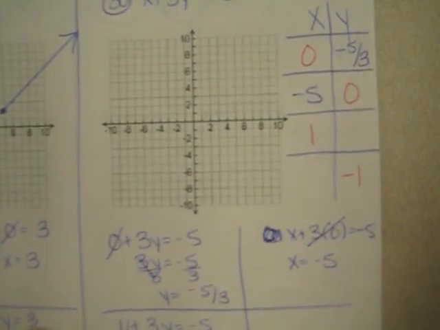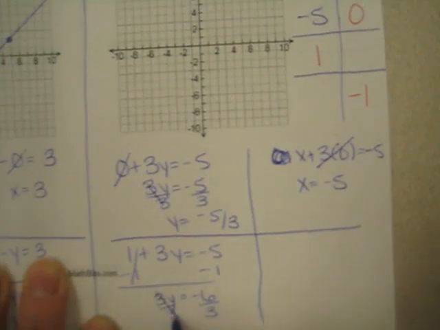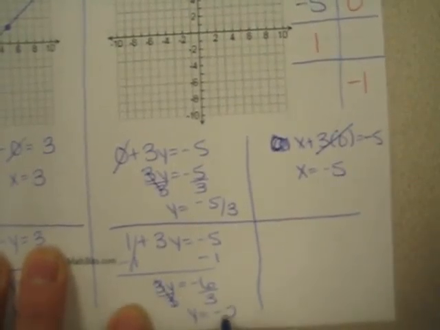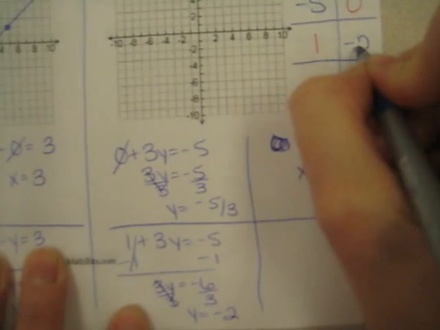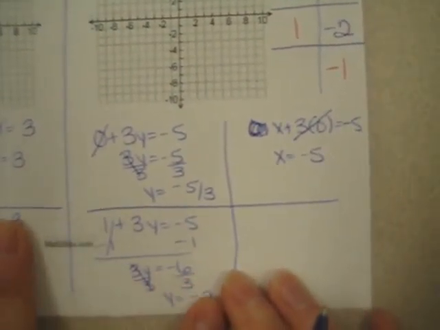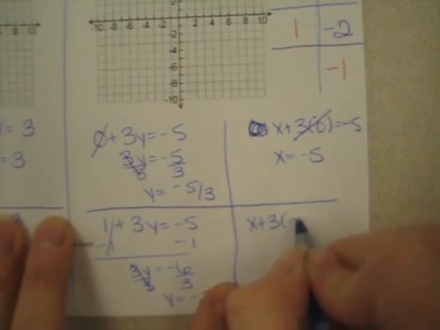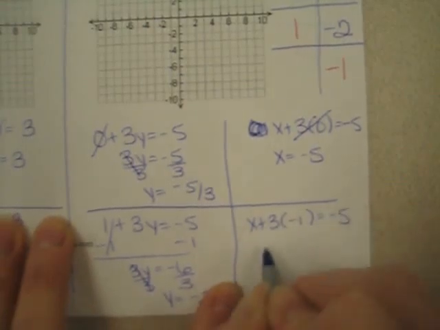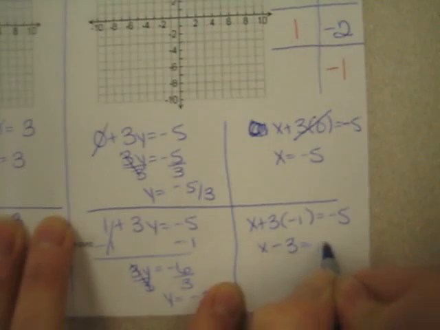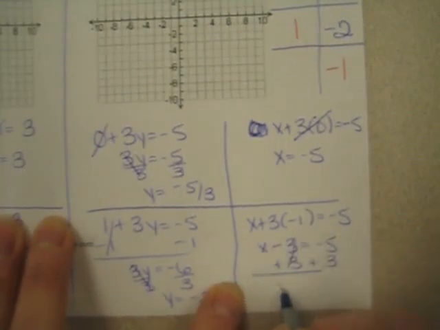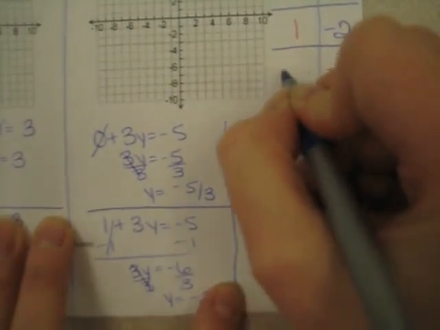Divide by 3, divide by 3. Y equals negative 2. So I plug that into my table. And the last one I have is y equals negative 1. So x minus 3 equals negative 5. Add 3, add 3. X equals negative 2.